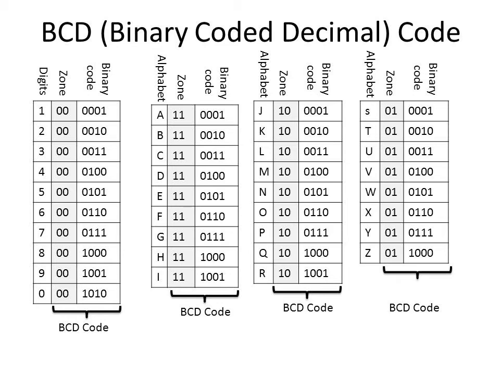For example, the letter L in 6-bit BCD code is 100011. In 6-bit BCD code, the first 2 bits represent the zone code, and the remaining 4 bits represent the equivalent binary code.